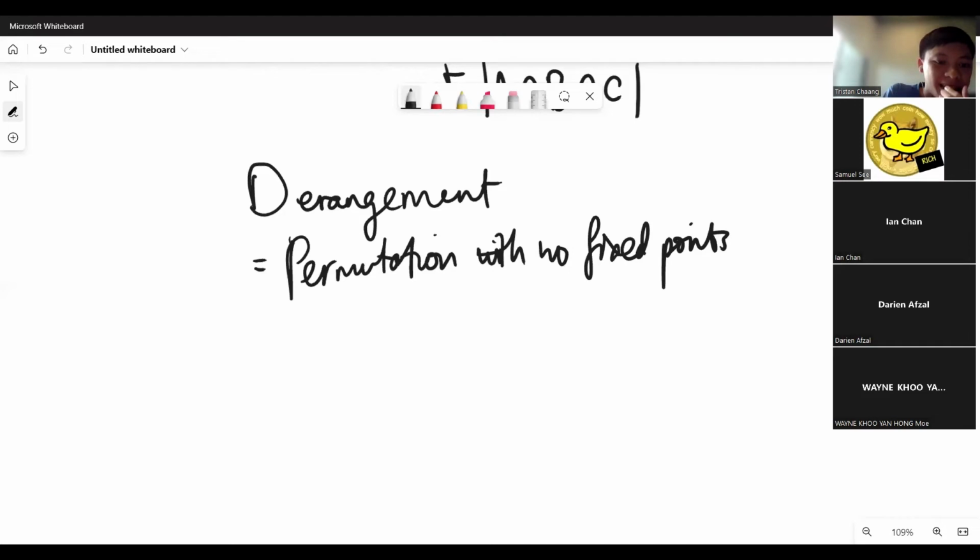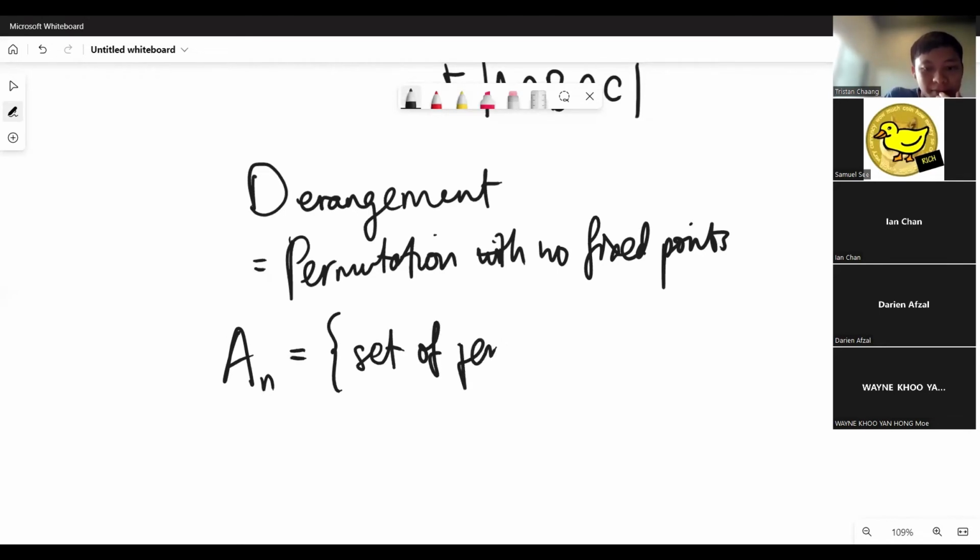Okay, I let A_k be the set of permutations where k is a fixed point.